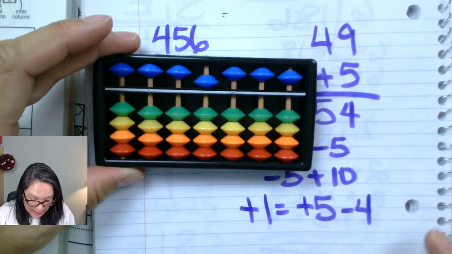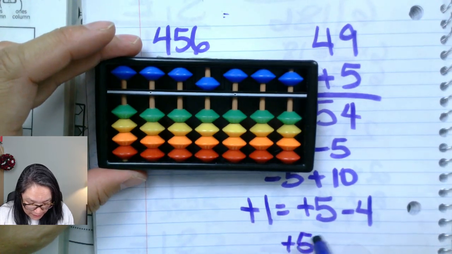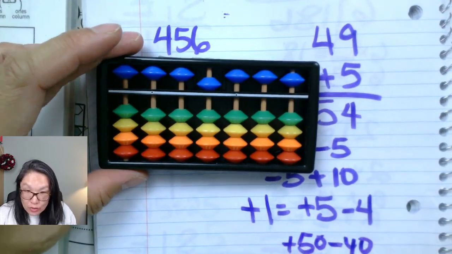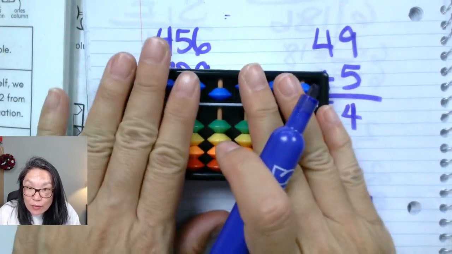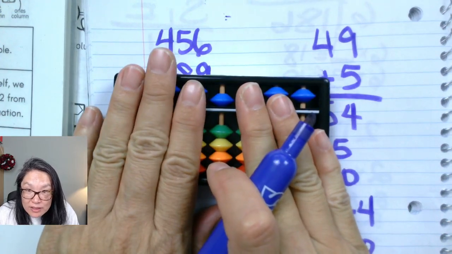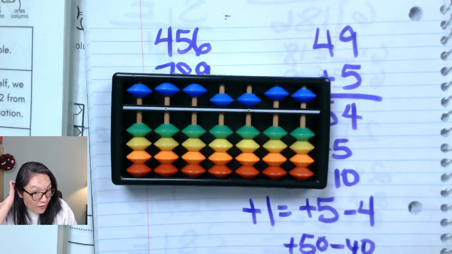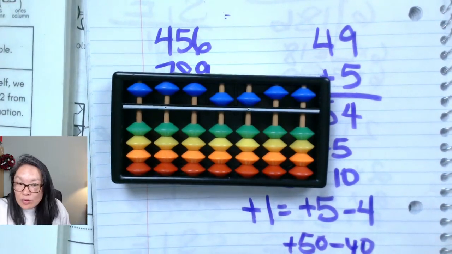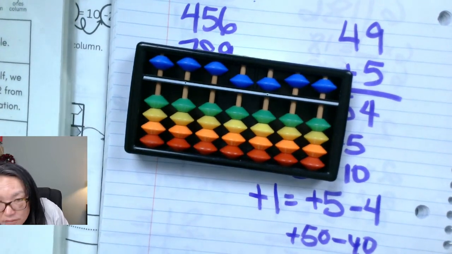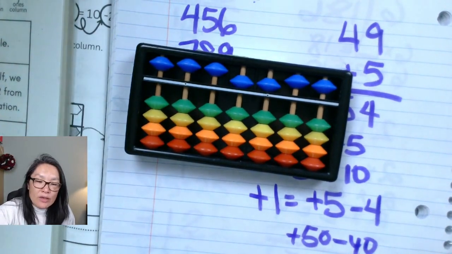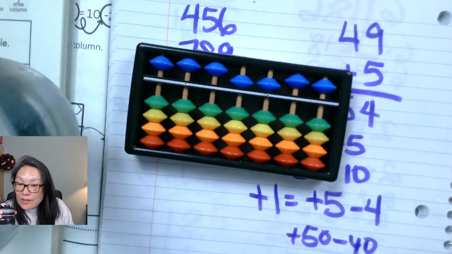We don't need to say plus the 50 minus the 40. You know why? Because the abacus does it for us. So we only want to take it for what it is. Minus the 5 plus the 4. If you wrote it on paper, that's what you would do, but we don't need to write it on paper. Does that make sense, Jay? We don't need to write it on paper, so that's why we don't do 50 minus 40.